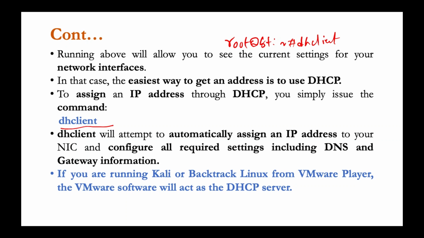So please note, the DHCP client will attempt to automatically assign an IP address to your NIC, network interface card, and configure all required settings, including domain name system and gateway information. So if you are running Kali or Backtrack Linux from a VMware player, the VMware software will act as the DHCP server.